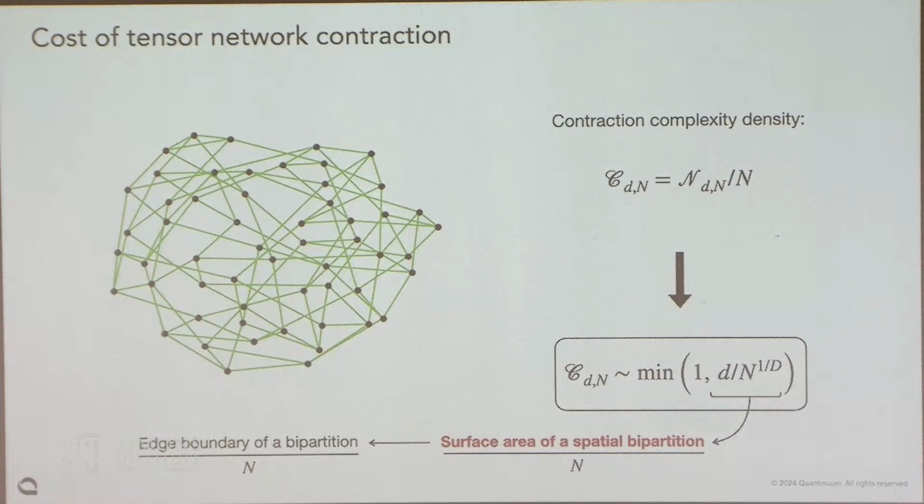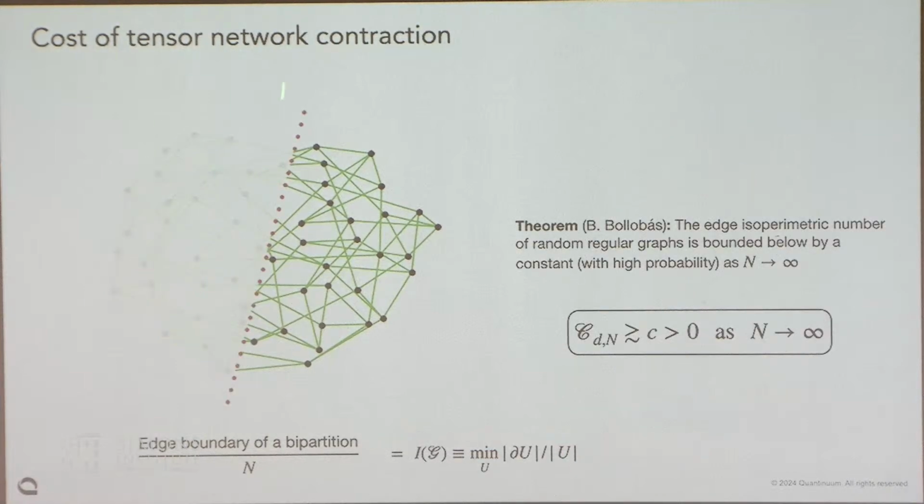What I mean by that is, if I draw a line that separates the qubits into two halves, how many gates, or how many edges, cross between one half and the other? Okay. And again, to get this effective complexity density, we're going to take the size of this edge boundary, optimized over all partitions, and divide it by n.